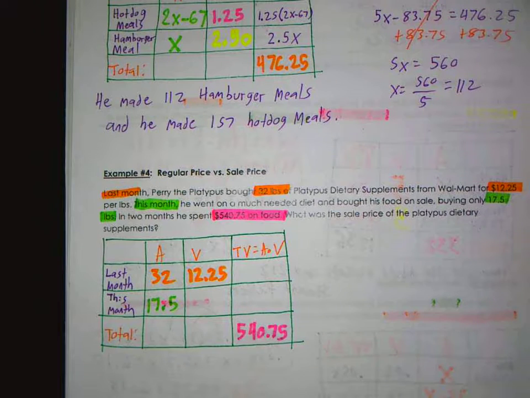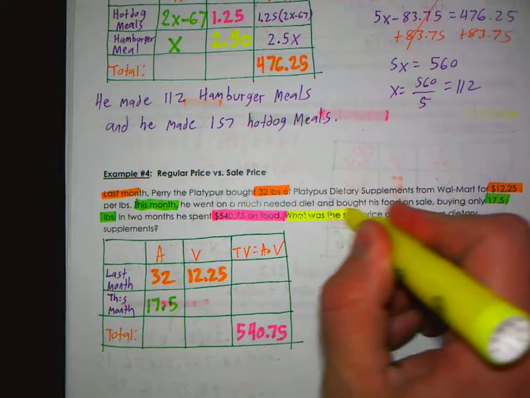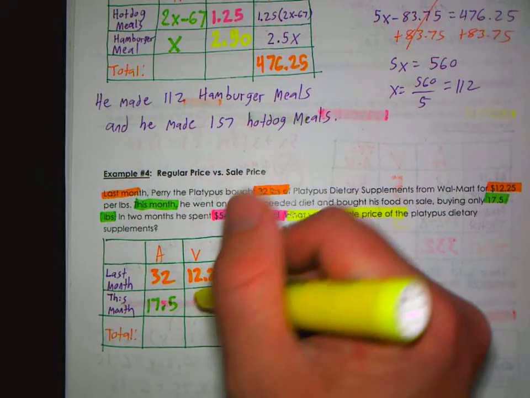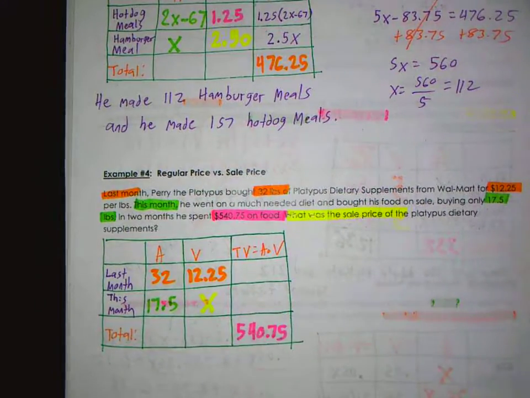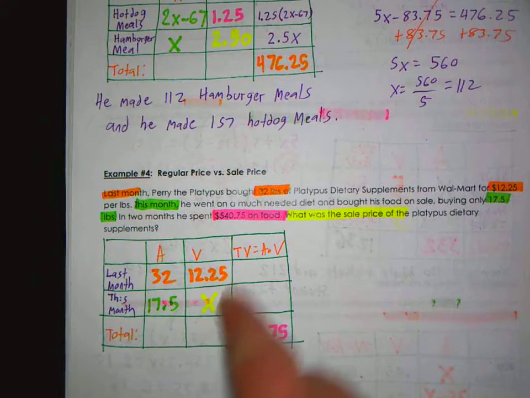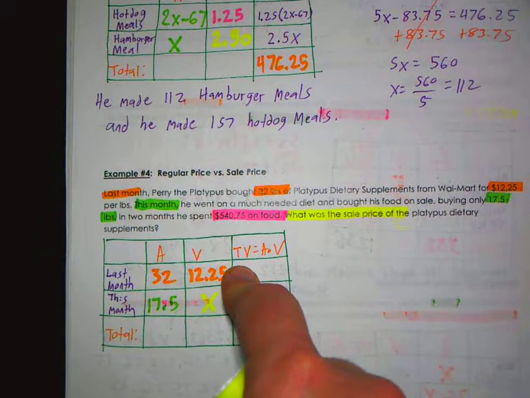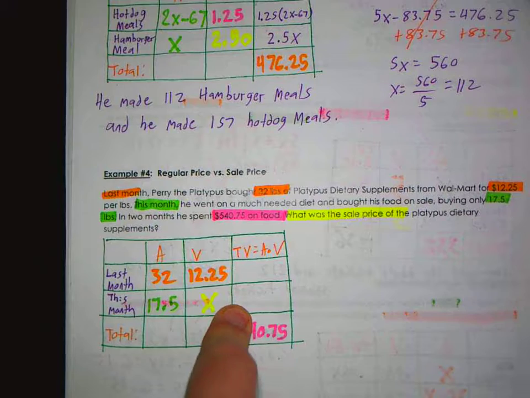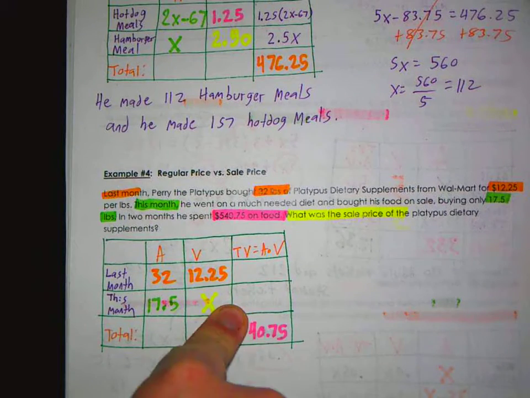And then it says, what was the sale price of that platypus? Well, we don't know, so we're going to make that x. This would be the sale price. Last month it was $12.25. My answer should be under $12.25 if it is indeed on sale, right?